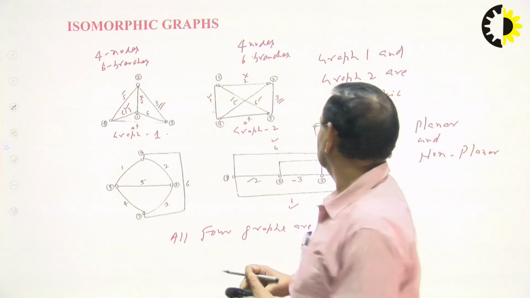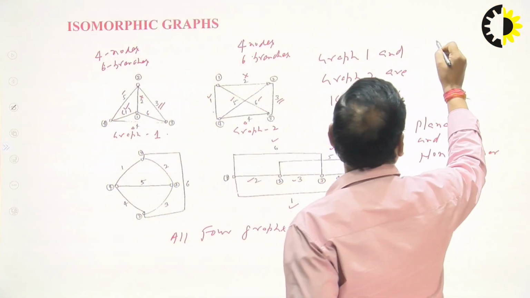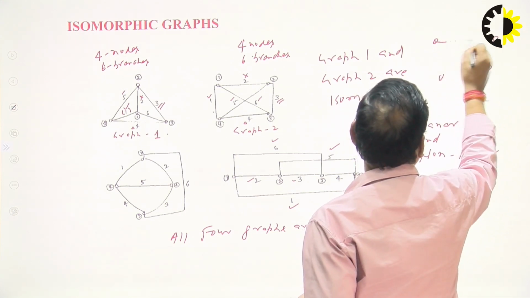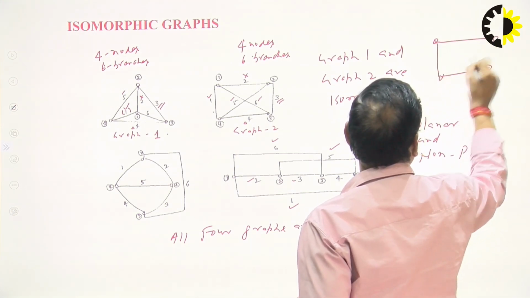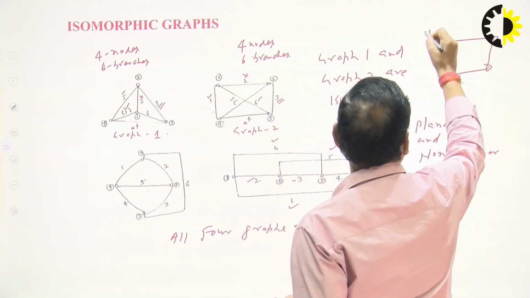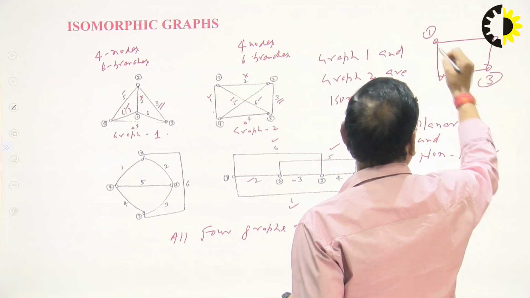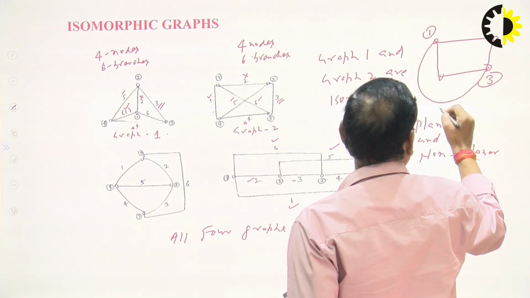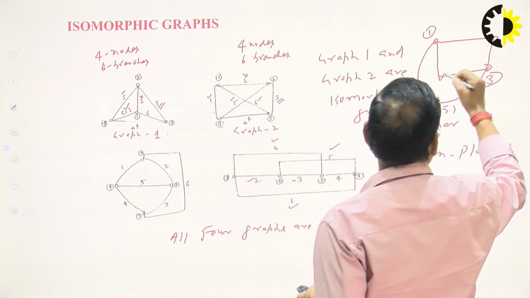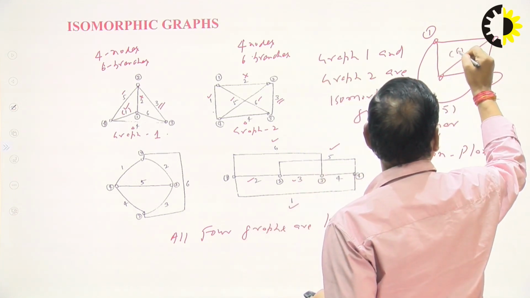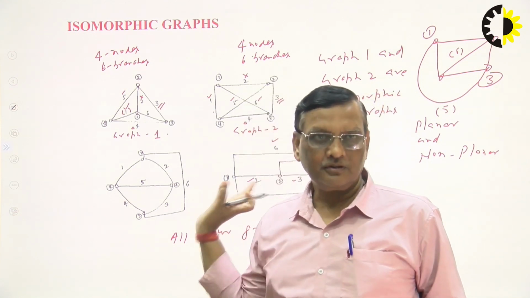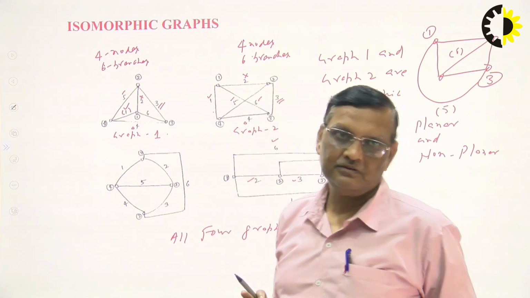No, they are not crossing. We can draw 5 between 1 and 3, and 6 is between 4 and 5. So branches 5 and 6 are not crossing each other. So this is a planar graph.